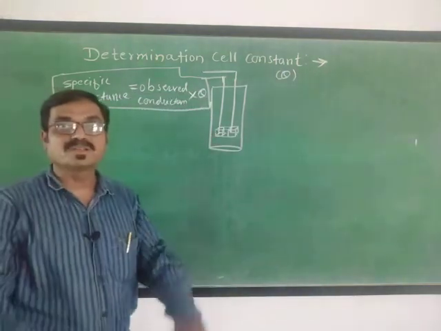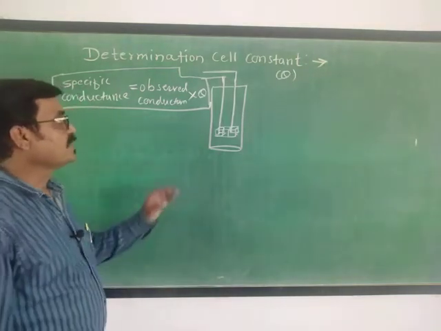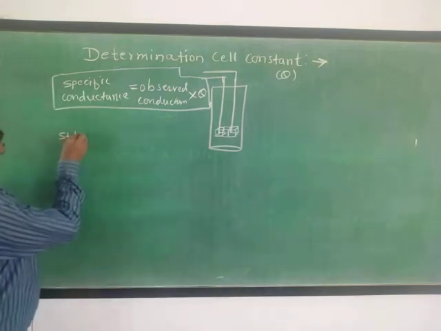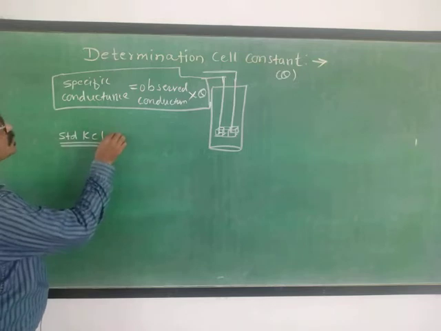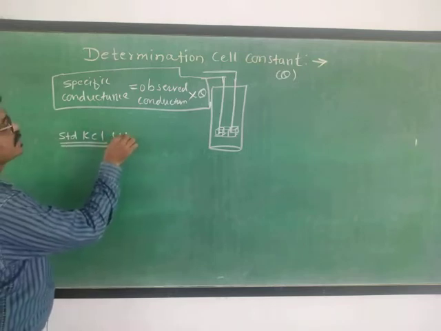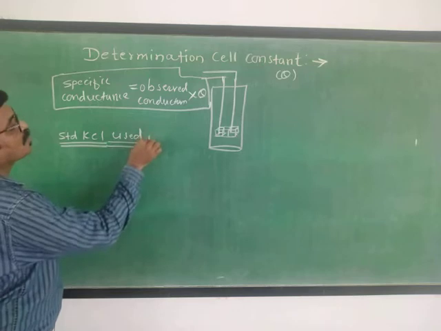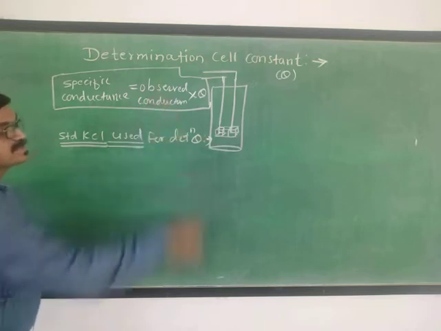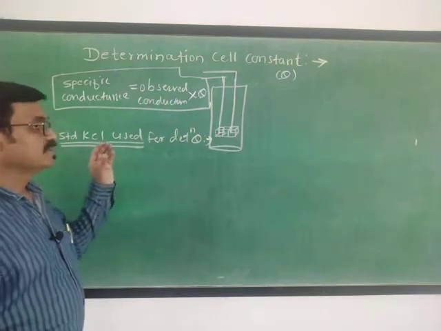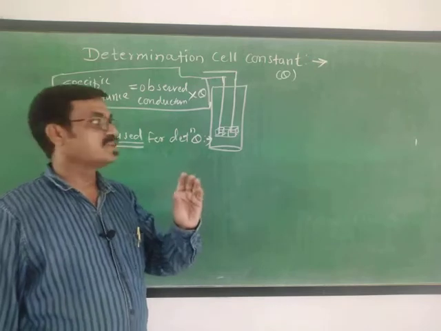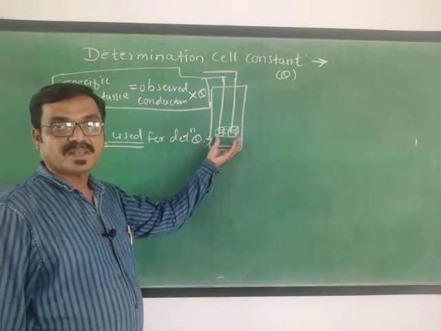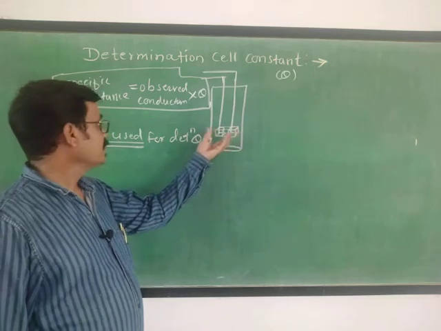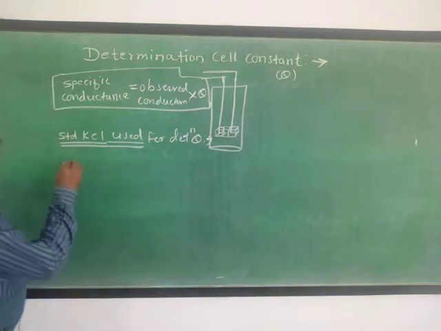Today we have to see how to measure the cell constant. For the measurement of cell constant, a standard KCl solution is used. Here a known-concentration KCl solution is kept in this conductivity cell, and its conductance is measured.